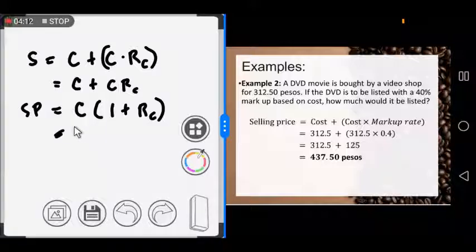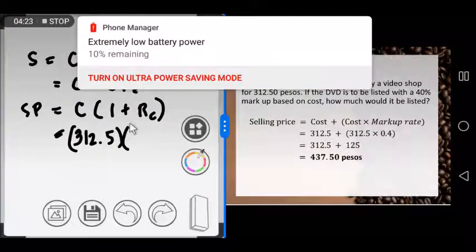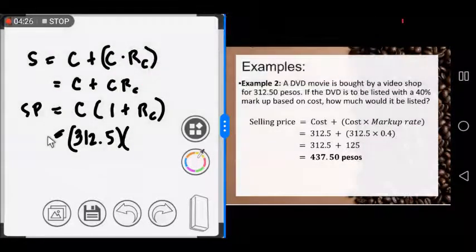So, if our cost is 312.5, this is just another method. 312.5 times, since 1 plus 0.4, so 1.4.